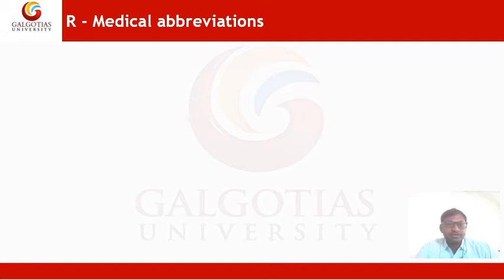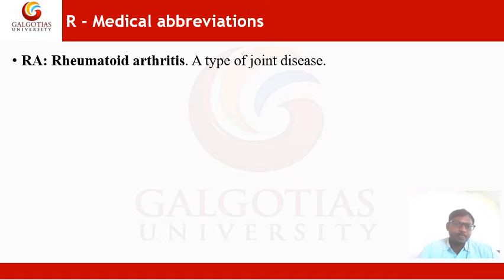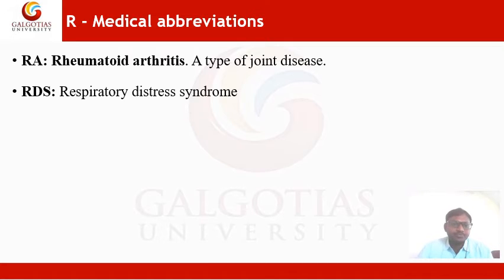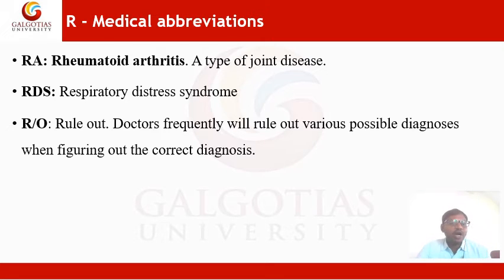Now let's start medical abbreviations related to R. RA, rheumatoid arthritis, a type of joint disease or joint disorder. RDS, respiratory distress syndrome. R/O, rule out. What is meant by rule out? Doctors frequently rule out various possible diagnoses when figuring out the correct diagnosis.